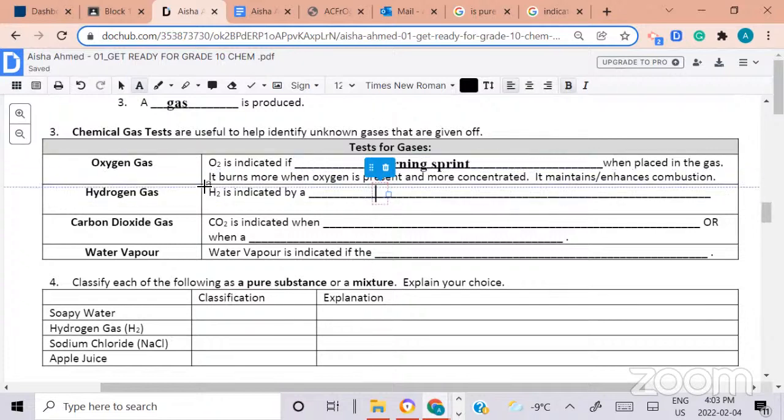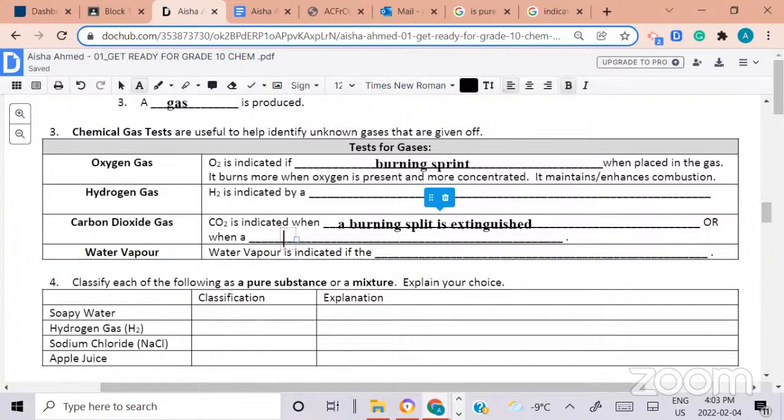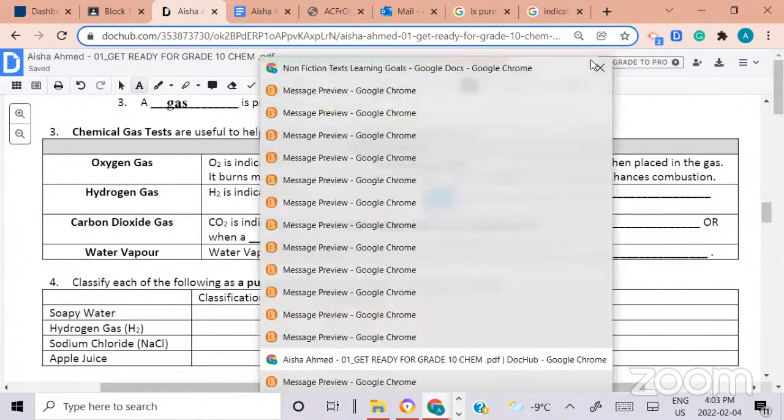Let's move on to carbon dioxide gas. Carbon dioxide gas is indicated when a burning splint is extinguished. Or when some blank.